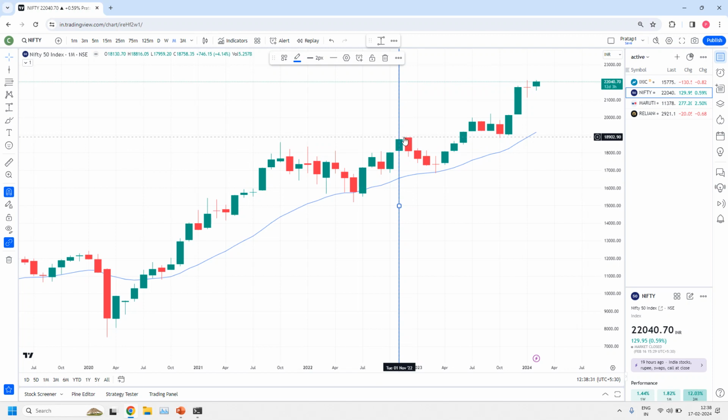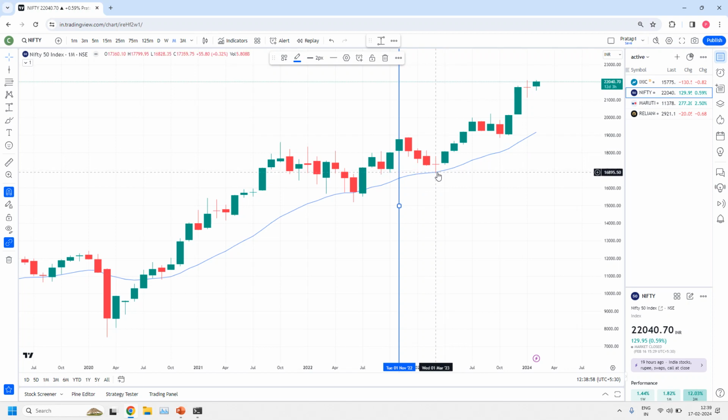And now what happened? The overextension started trying to complete. The overextension on the monthly chart is trying to complete, and then prices are slowly moving towards the EMA. That means there is a pullback towards the EMA. And finally prices reached.